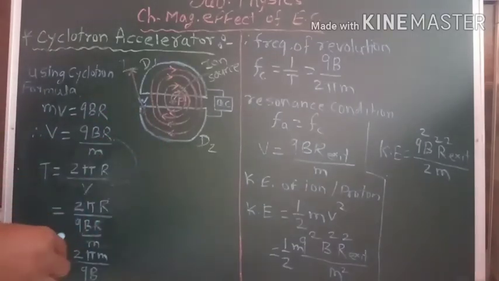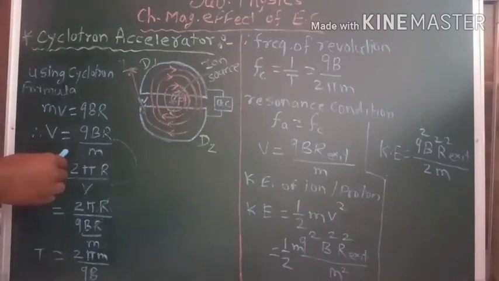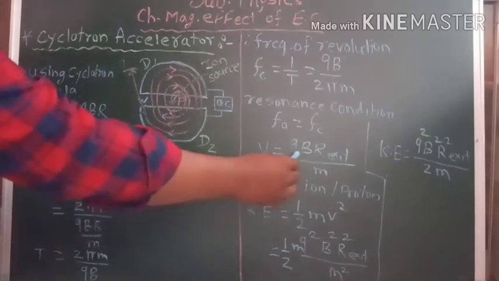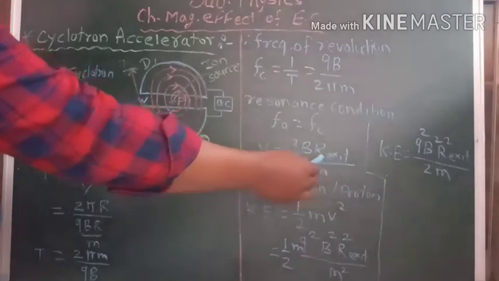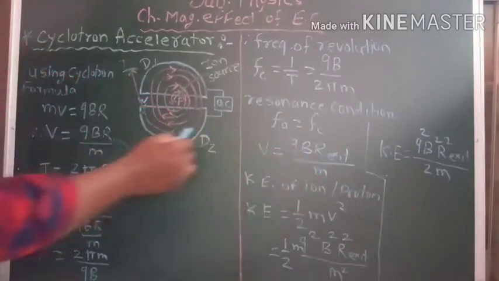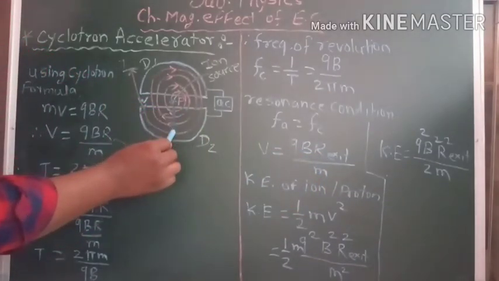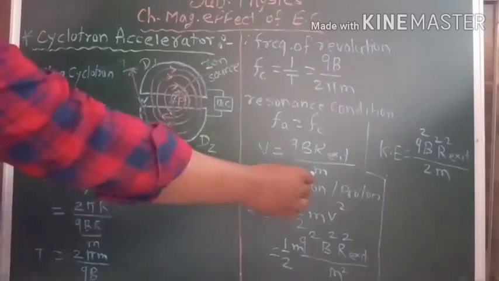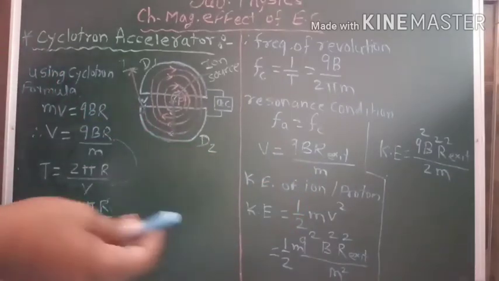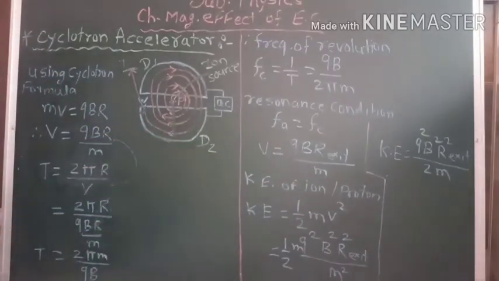Then we find out the kinetic energy of the ion. A positive ion is also called a proton, which is a positively charged ion.